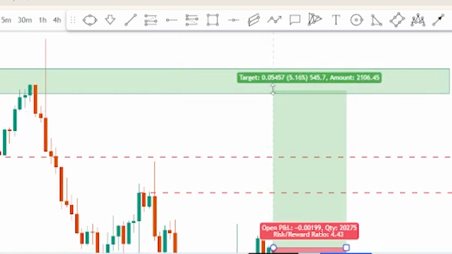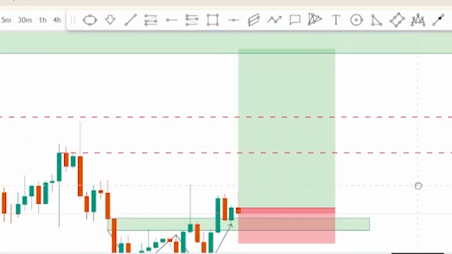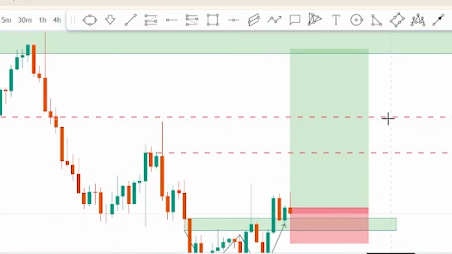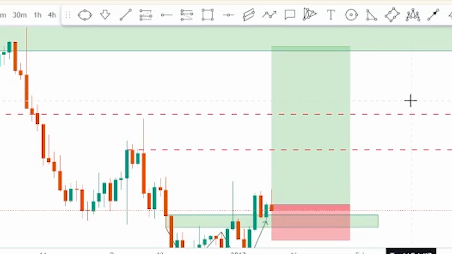Okay, so by moving up, the reason why I'm talking about the first TP and the second TP is that's where you can secure some profit before you start thinking about the rejection of the market and coming back down against your direction.